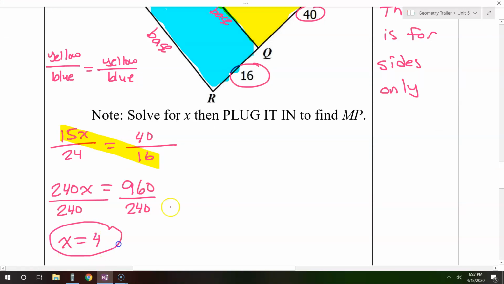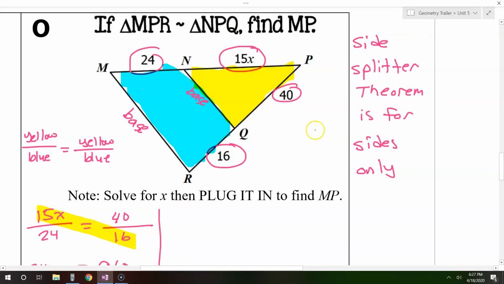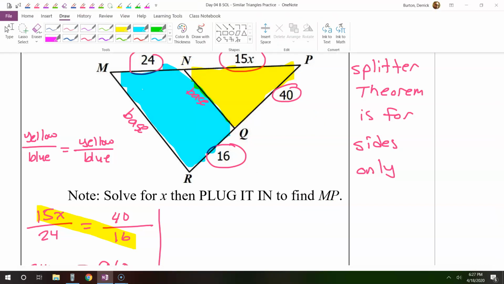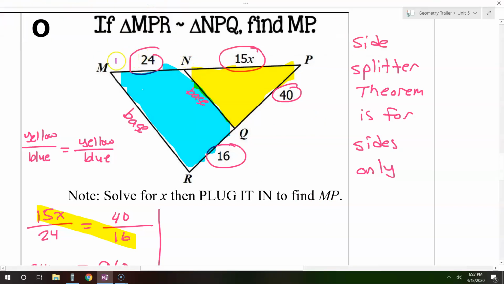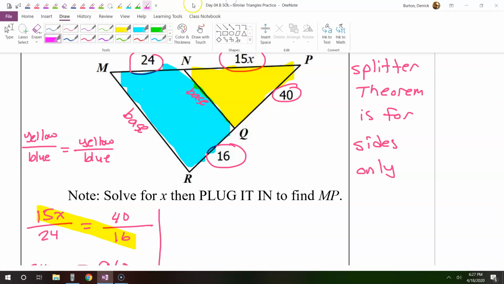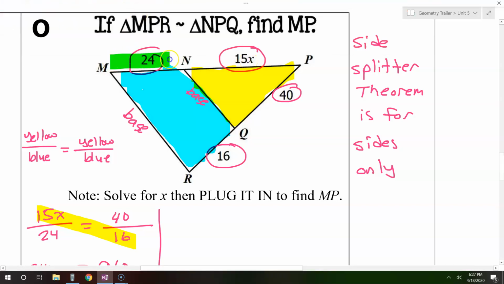Now that is not the final answer for this problem. Yes, we had to find x, but then we need to plug it in to find MP. MP is both of these together.